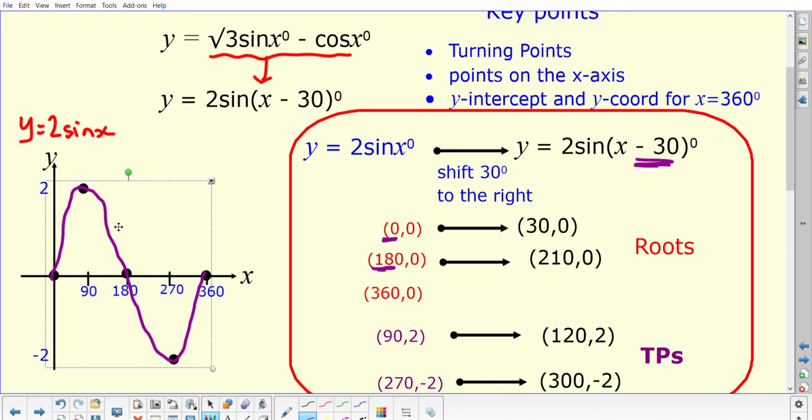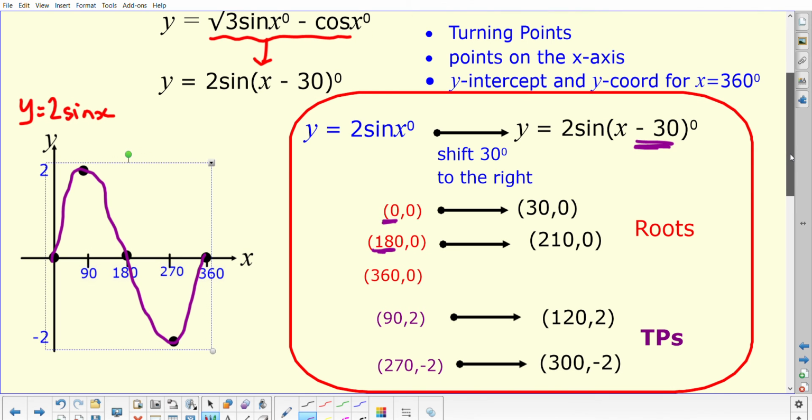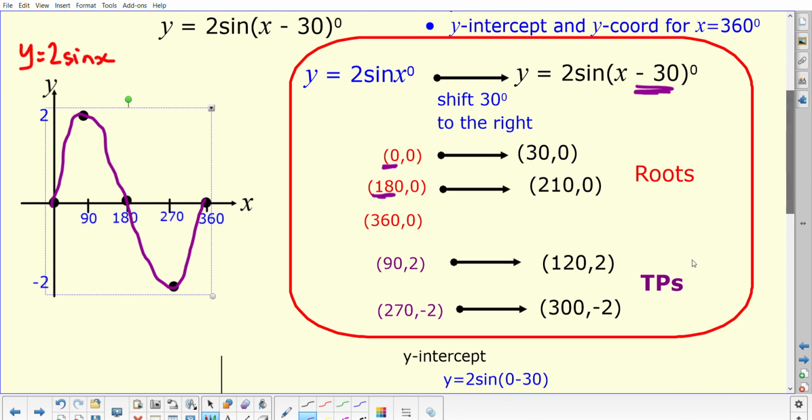But of course, as the graph shifts, your roots move, your turning points move. So the turning points, which were at 90, 2 and 270, -2, they will move as well, and they'll move 30 degrees further on. So you basically add 30 onto your x coordinate and create your new turning points. And then the other points that you need to be aware of are the y-intercept.